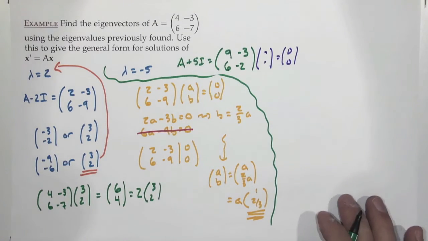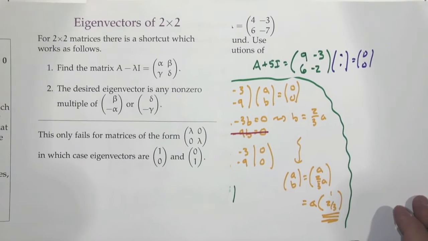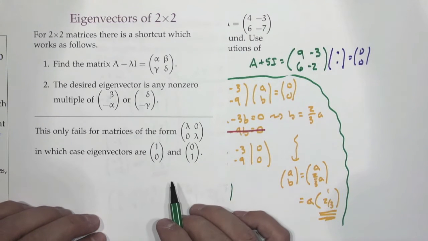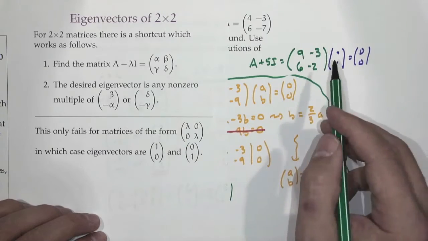If not, go back to the rules. Doesn't have to be the prettiest vector to start with. Anyone see a vector that'll work? (1, 3).